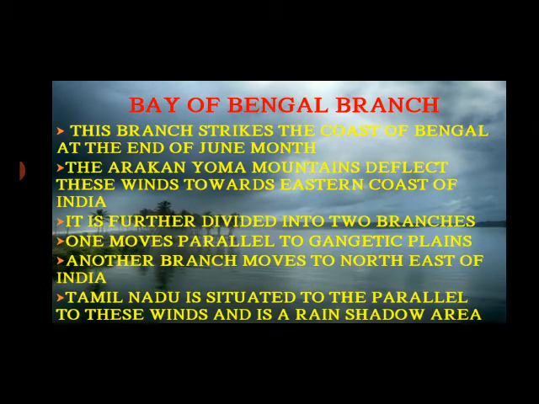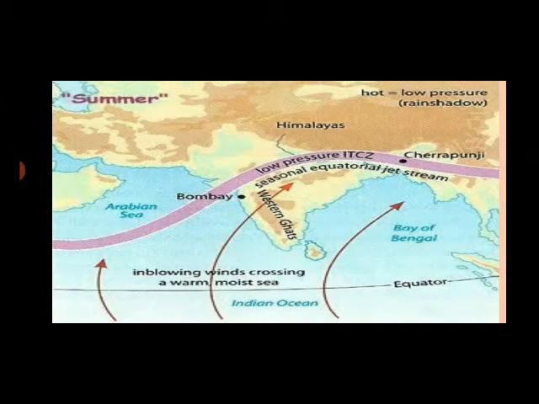Another branch moves to northeastern states of India like Assam, Meghalaya, Arunachal Pradesh, etc. Tamil Nadu is situated parallel to these winds and is a rain shadow area. Here you can see the advancement of both the branches, the Arabian Sea and the Bay of Bengal branch.